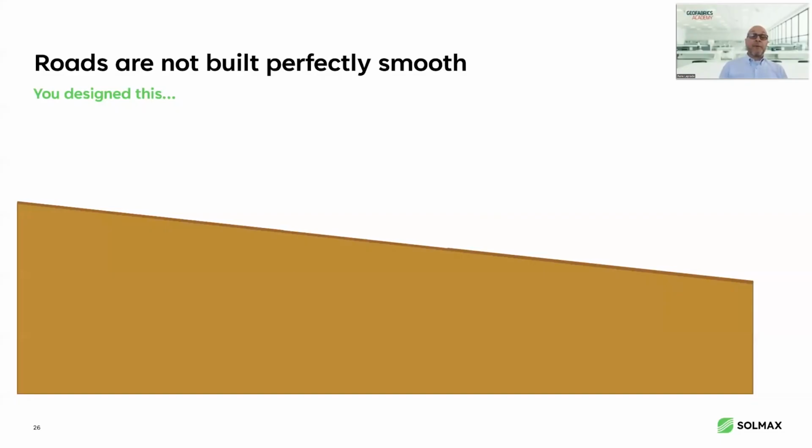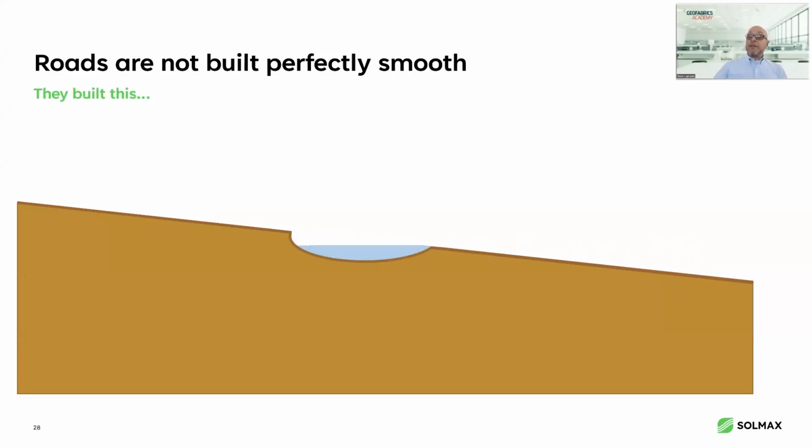One reason why this could be important is, to give you an example, you design a road, you design this beautiful road, you've put in 2 to 3% crossfall. So this is what you've designed. And again, once we're out in the field, designs and reality are not always the same.